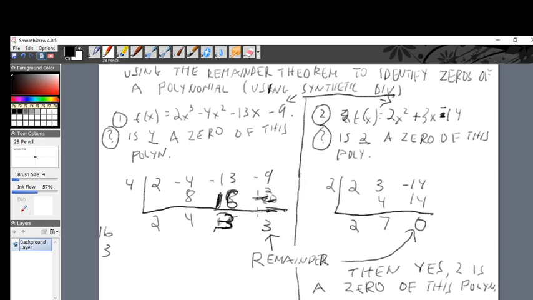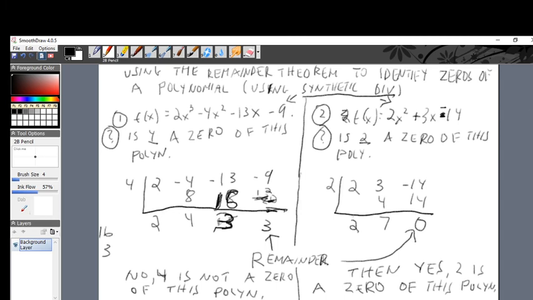If it's not 0, then no, 4 is not a 0 of this polynomial. That's how you do it.